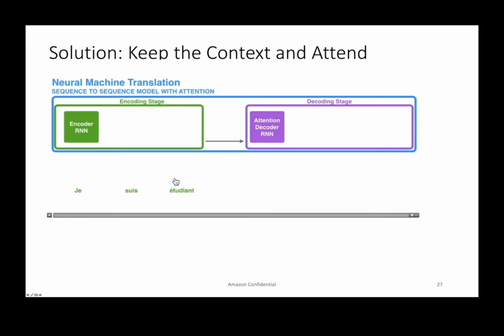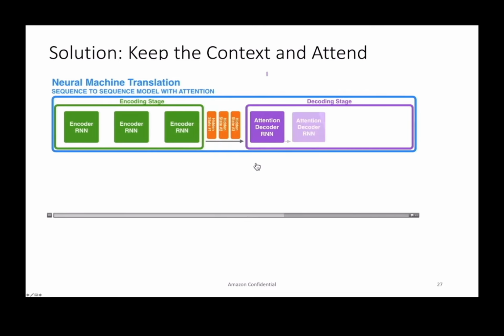Let's look at how attention works. Attention also has an encoder and decoder, two models that are doing this, but there's a difference here. All the hidden states are kept, and then they're used in the decoding stage. So let's do this again.